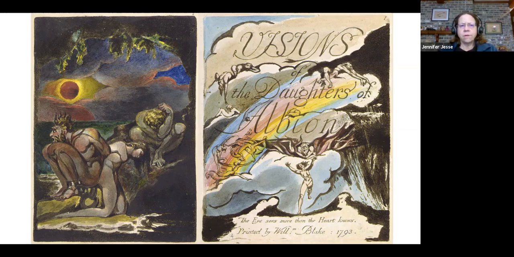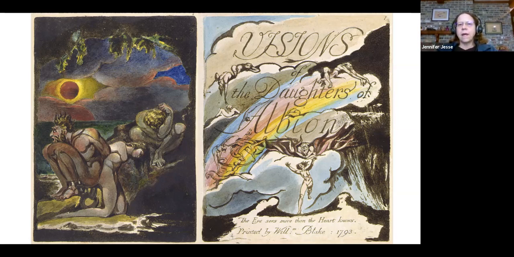And I think that much that occurs on the frontispieces and the title pages of these various works is a signal or clue to the voice that we're hearing, the narratorial voice. So is the eye sees more than the heart knows a signal of that different narrator, what perspective they're coming from? Because all of his works are just magnificent perspective shifting theater.